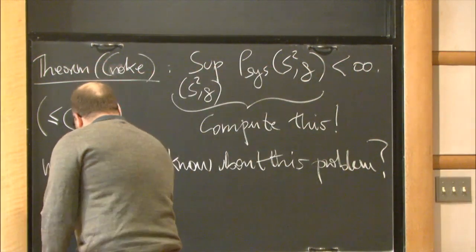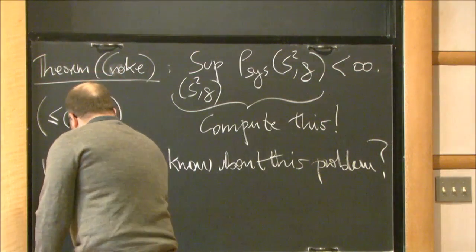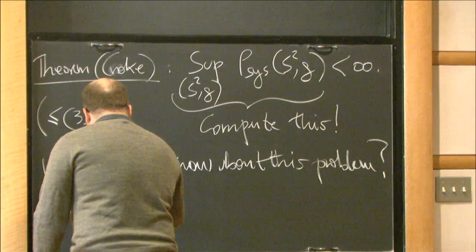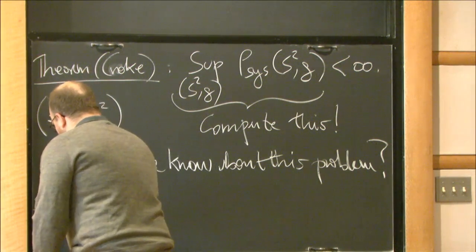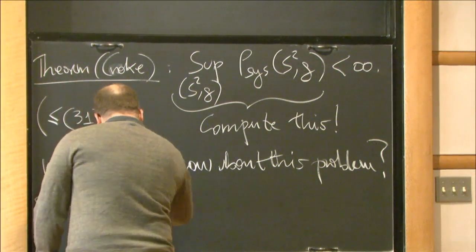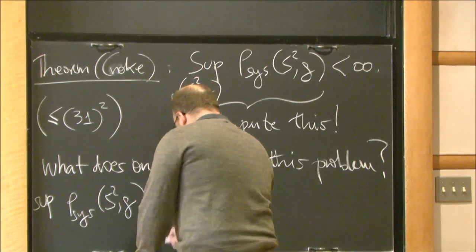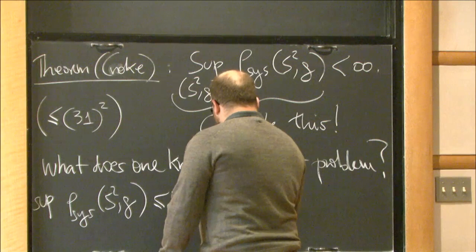So the best upper bound, in the sense that it's been proved to be some upper bound, is due to Regina Rotman.